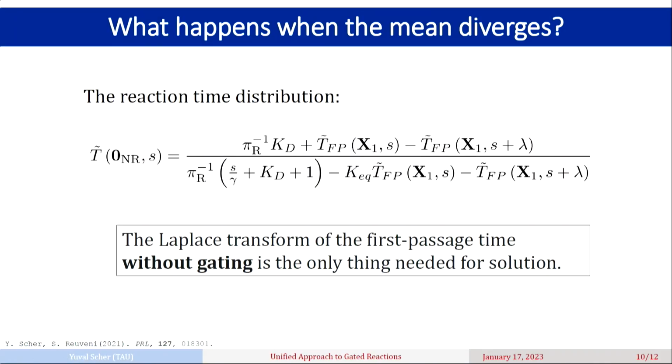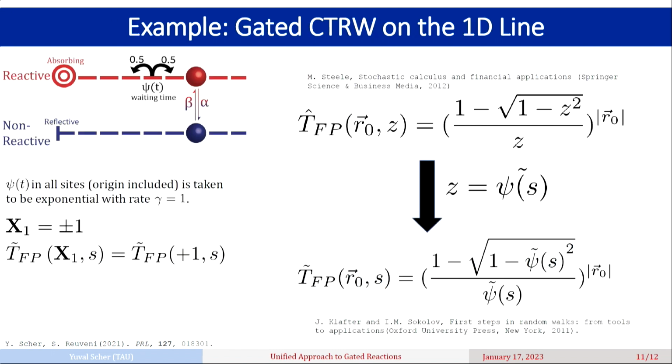So it means that if you know how to solve a first passage problem, you can just plug it in here, and again you get the gated result very easily. And that is just a demonstration of how to do it if you are considering CTRW on the 1D line.